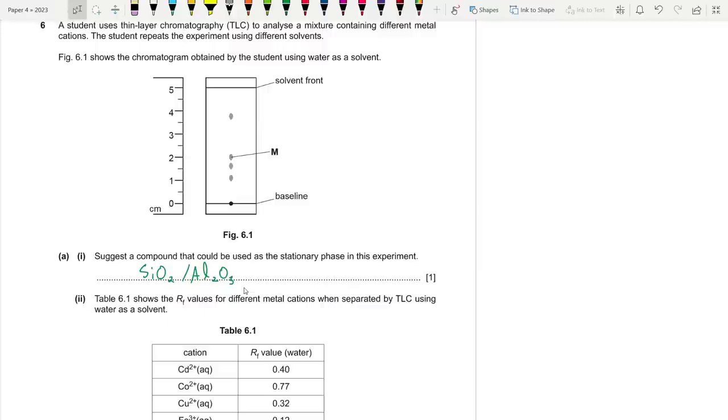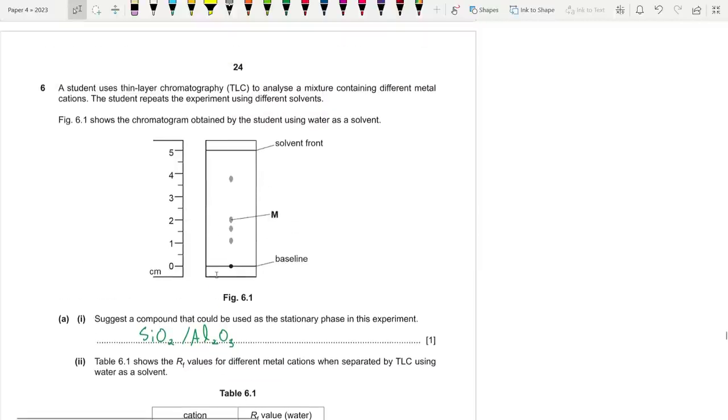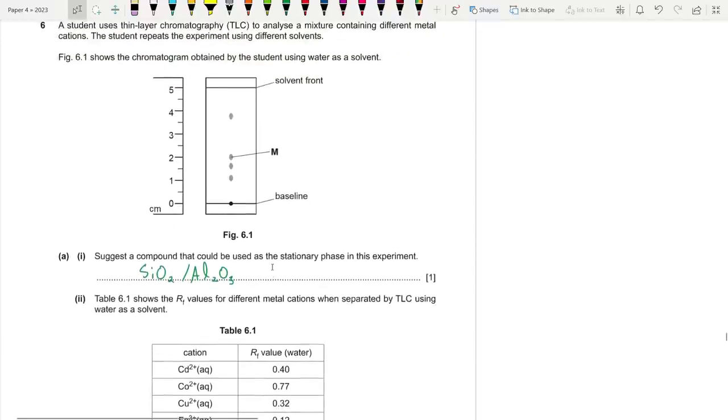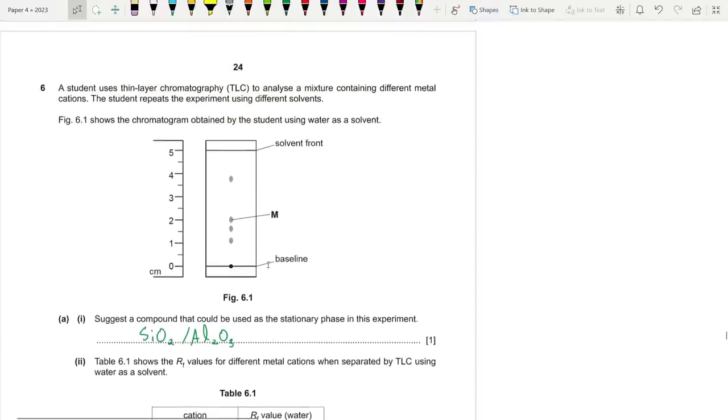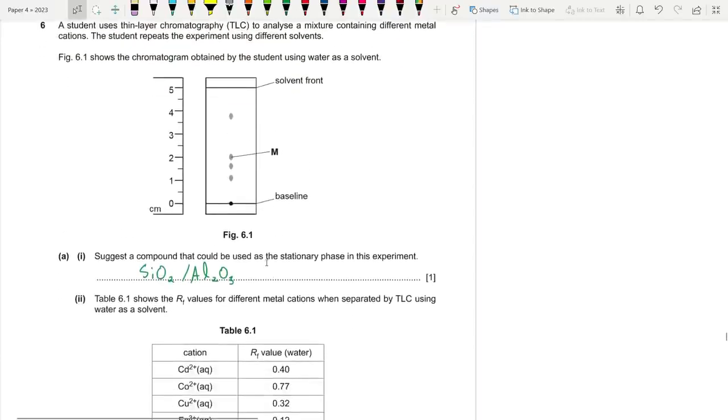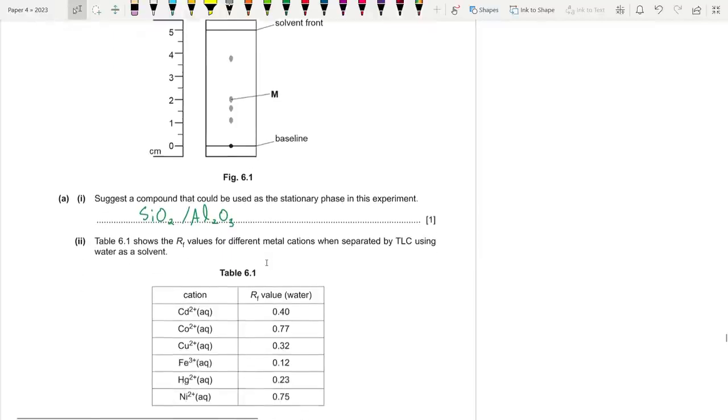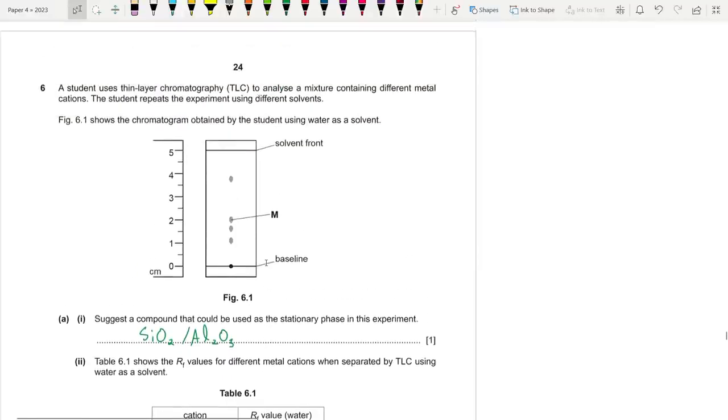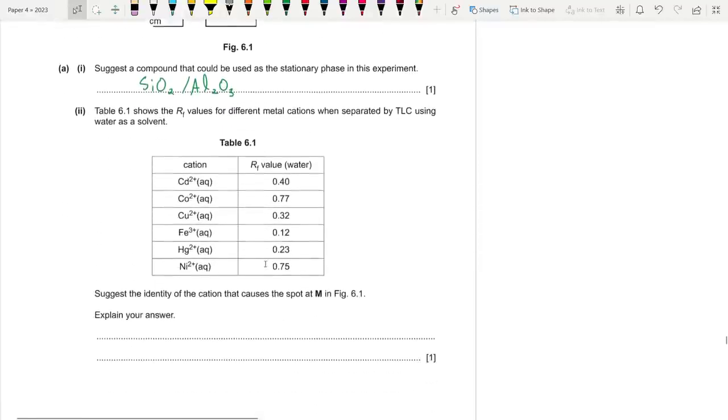It's heated and ingrained on the chromatography paper. There's a thin layer of silica or alumina which tries to prevent the pigments, or the cations, from moving.